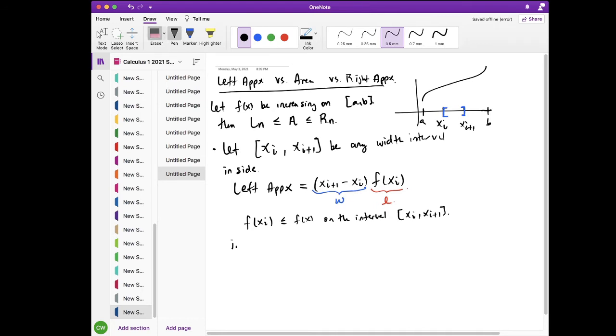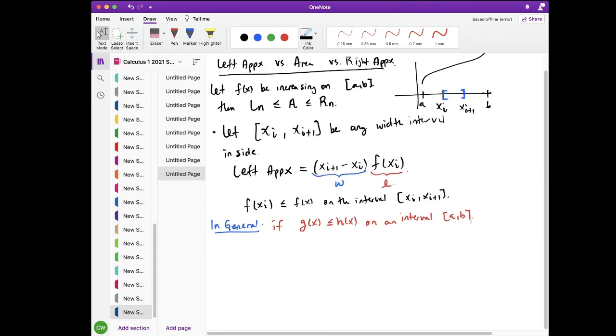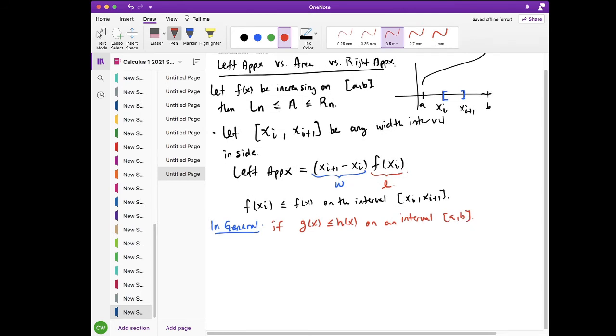Here's something in general. If g of x is less than or equal to h of x on an interval, then the area underneath g of x is less than the area underneath h of x. Do you agree with that?